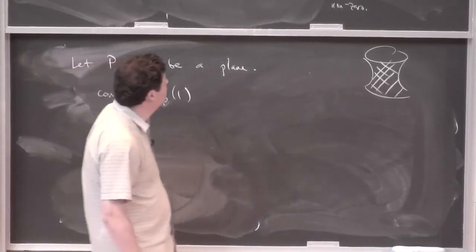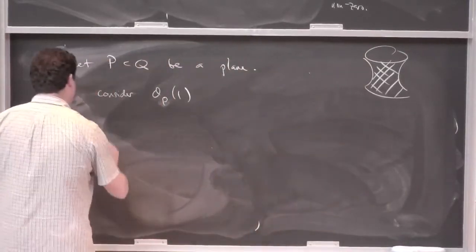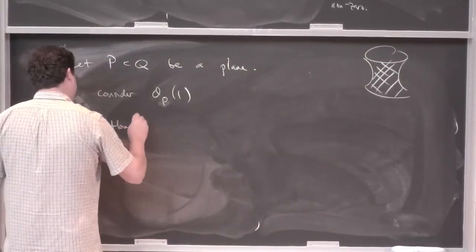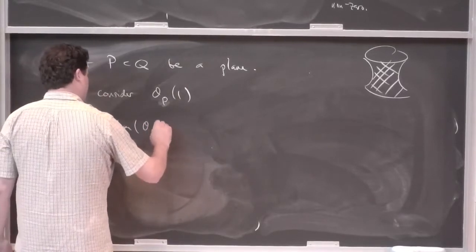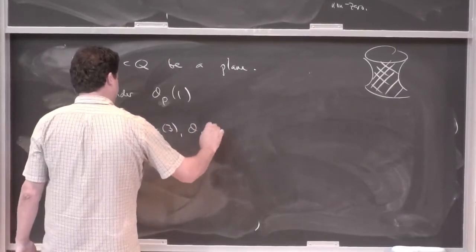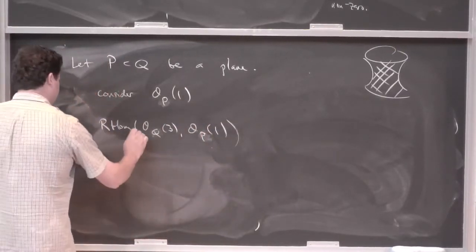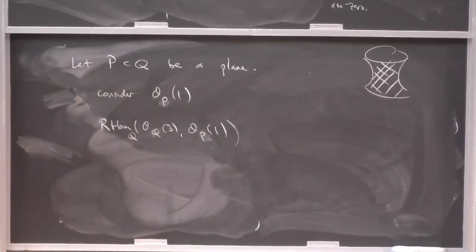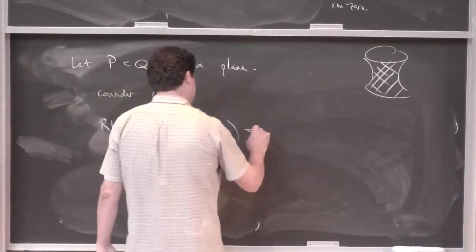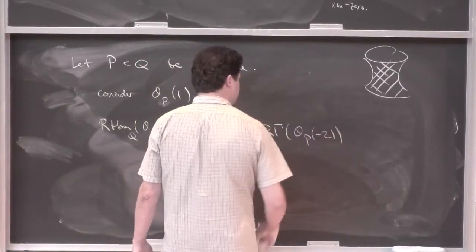So is it orthogonal to these 4 line bundles? Well, our Hom from OQ of 3 to OP of 1, our Hom on Q, of course, not on the ambient space P5, this is R gamma of OP of minus 2.